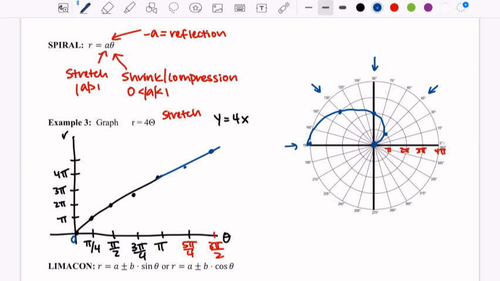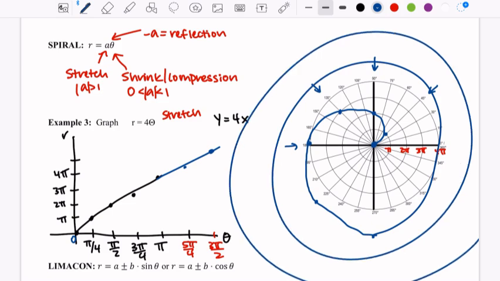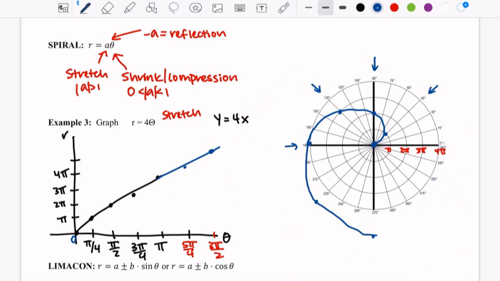So I would need another concentric circle to do this, but I'd probably be out somewhere here, then I'd probably be out here. So I see that my spiral just keeps going out farther and farther, and then we're just going to keep going around like this. So that's what our spiral looks like. It just linearly spirals out.